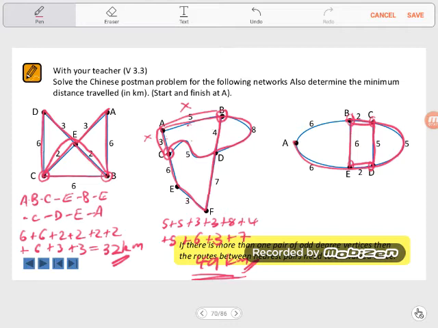because it's better than going and doubling up on the 6 or the 5, because doubling up on the 2 2s makes a total of 4 on each of those, but if we doubled up on the 6, that would make 12, and if we doubled up on this 5, that would make 10. So it's best to double up on those 2 edges between the odd vertices, and then we head back around to A. So let's add that all up.